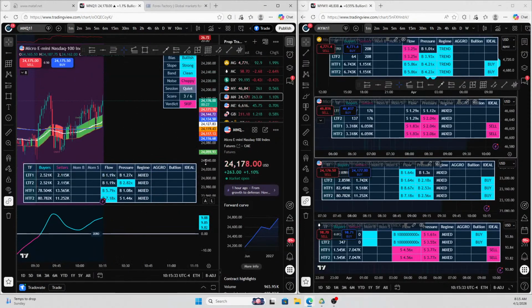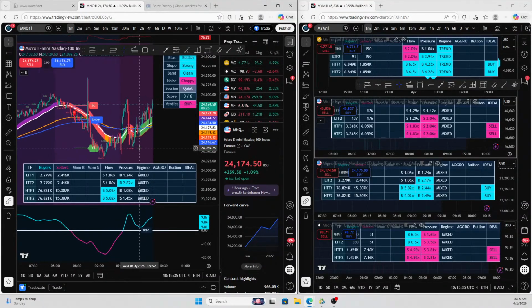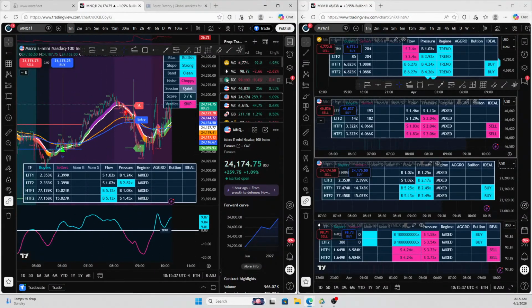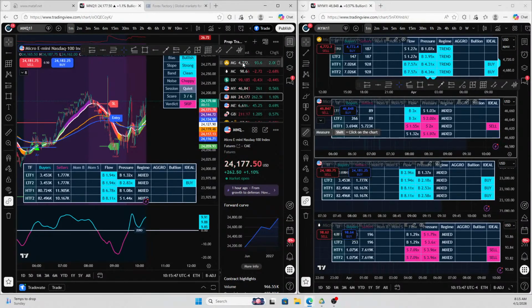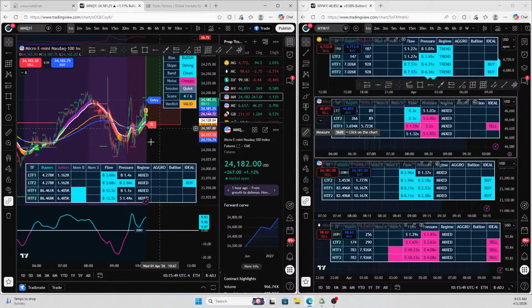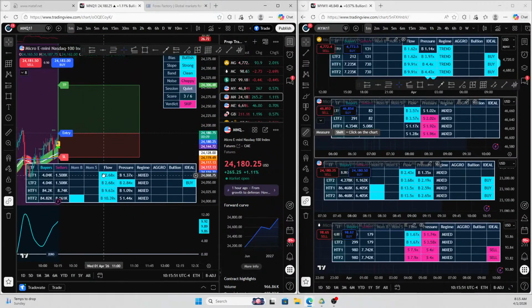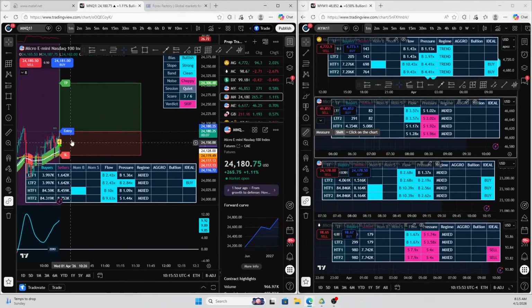MNQ is pushing, and it's mainly because of the volume right here. We're able to notice this, but this is weak, so this can snap back at any time. So we want to be very, very careful.